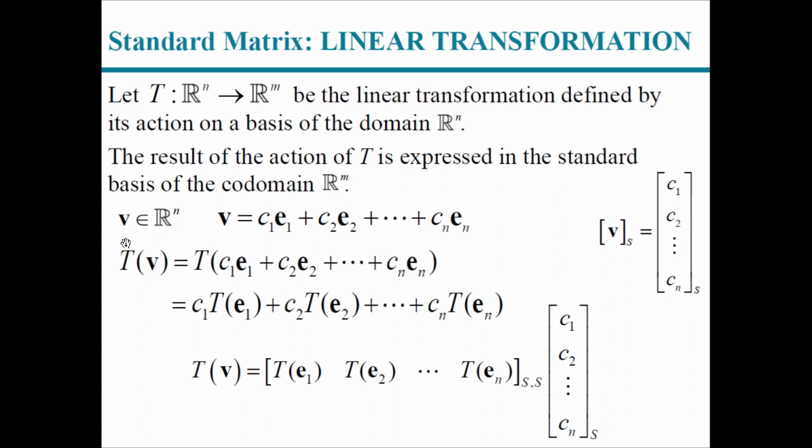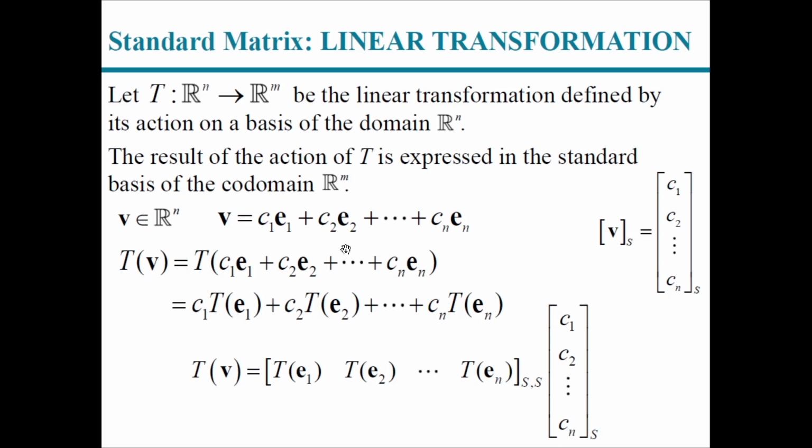More generally, if I take v from Rn, I can write it as a linear combination of basis vectors, obviously from the standard basis here. And these are like the coordinates in the standard basis. Now we remember that a vector in Rn is equal to its coordinates in the standard basis.